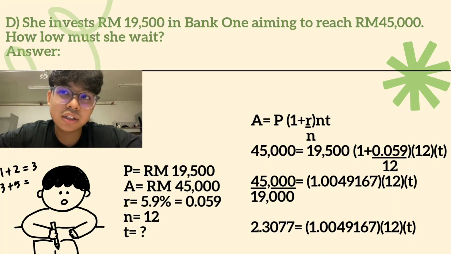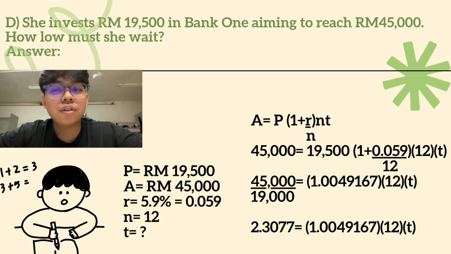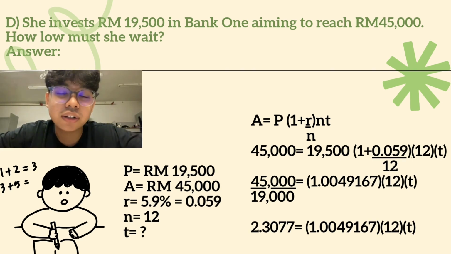So the answer is P equals 19,500 ringgit, A equals 55,000 and R equals 5.9%, so it equals 0.059.